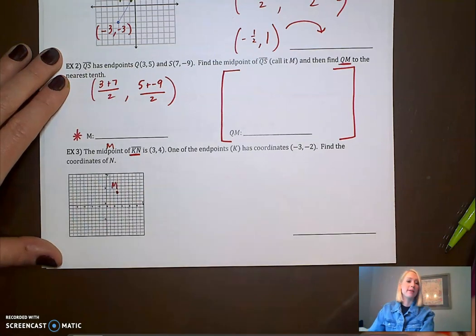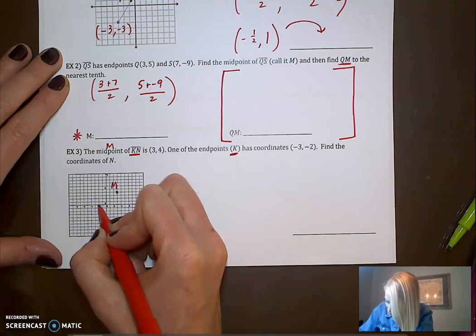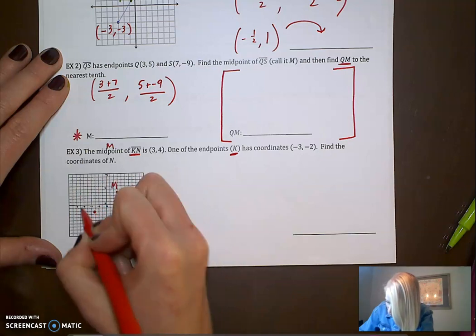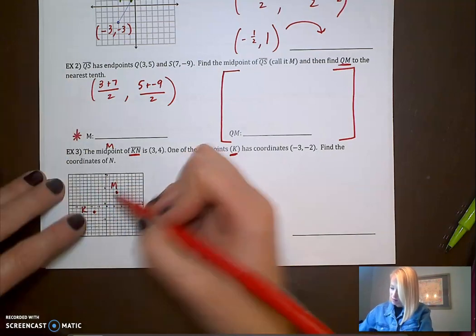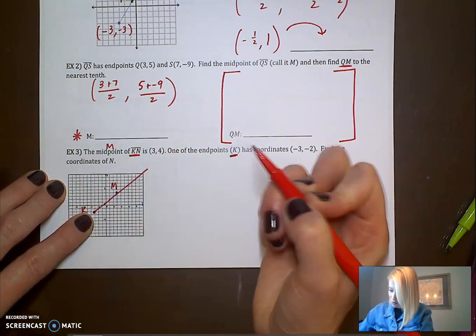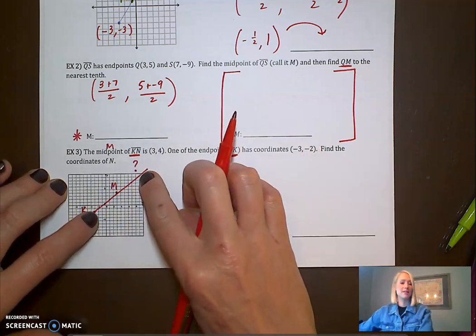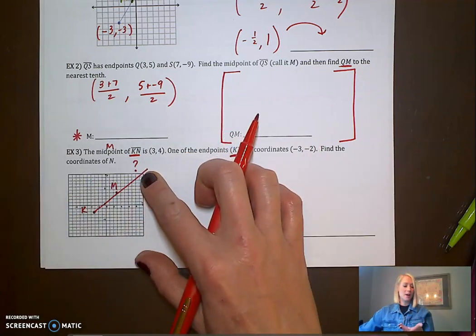So there's the midpoint. And let's get the endpoint K on here. So -3, -2. So N has to be somewhere over here. I'll start drawing it. If M is in the middle and K is the other endpoint, I need to figure out where it is.